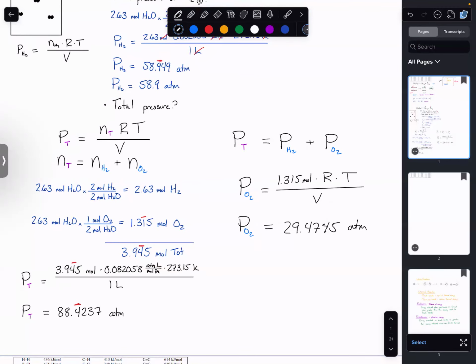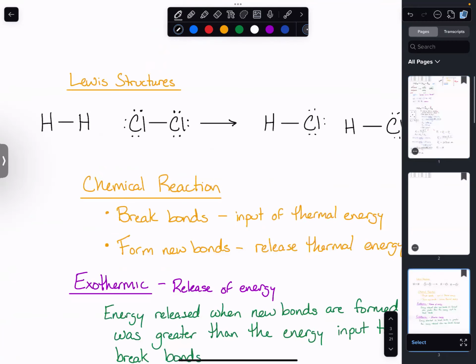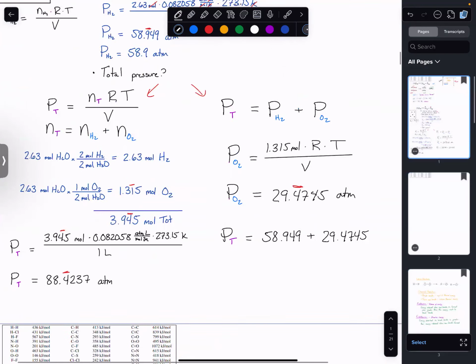Which, if you added to your initial calculation, your partial pressure of hydrogen, you would get that same total pressure. So you could have chosen 2 different routes here for this problem. Total pressure equals 58.949 plus 29.474. Whoop. And you get the same answer.